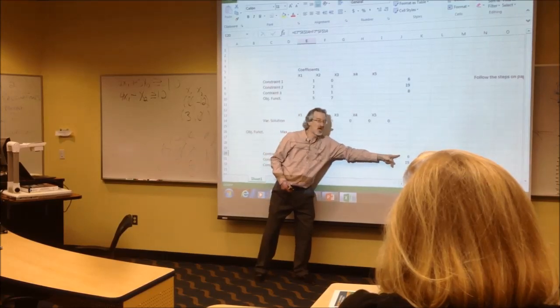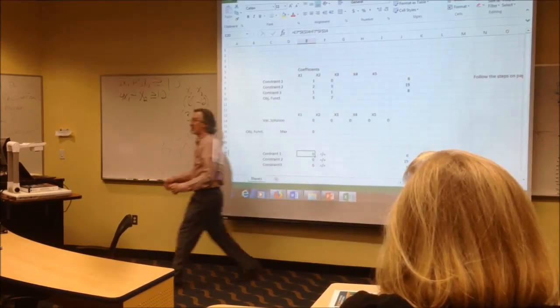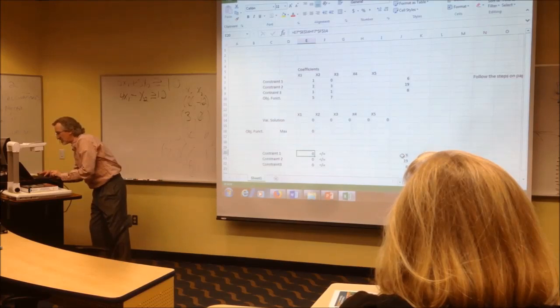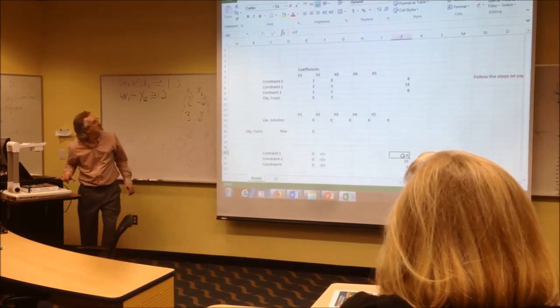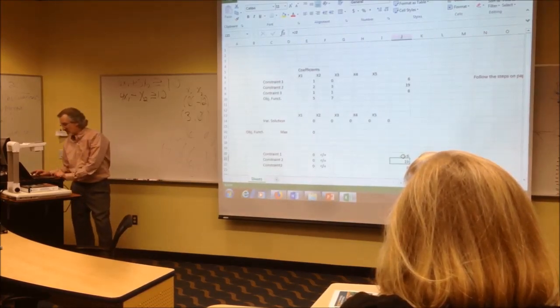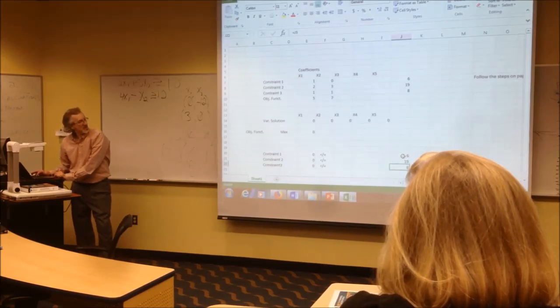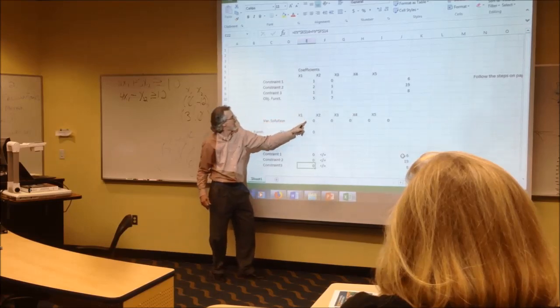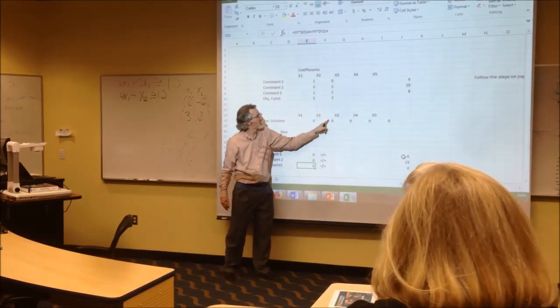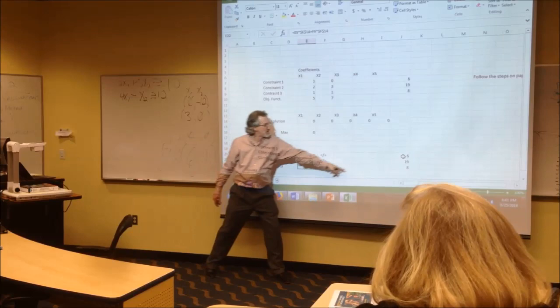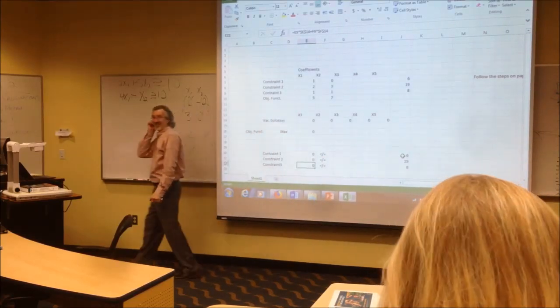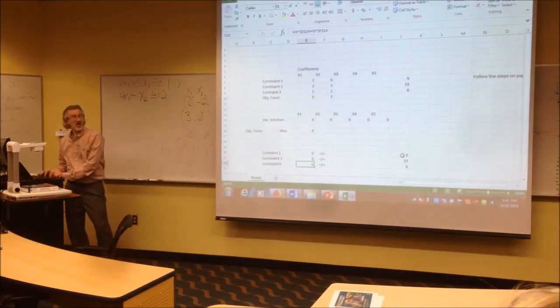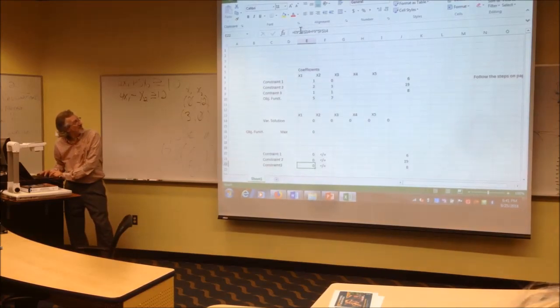And here, this cell is looking up here to see what the right-hand side is. So this says equals J7. This one will say equals J8. This one says equals J9. Over here, constraint 3: this 1 times the optimal solution plus this 1 times the optimal solution added together, and it should be less than 8. It's all set up. These formulas are in there. If there's another constraint, just follow the logic here and write the formula, add a constraint right here.